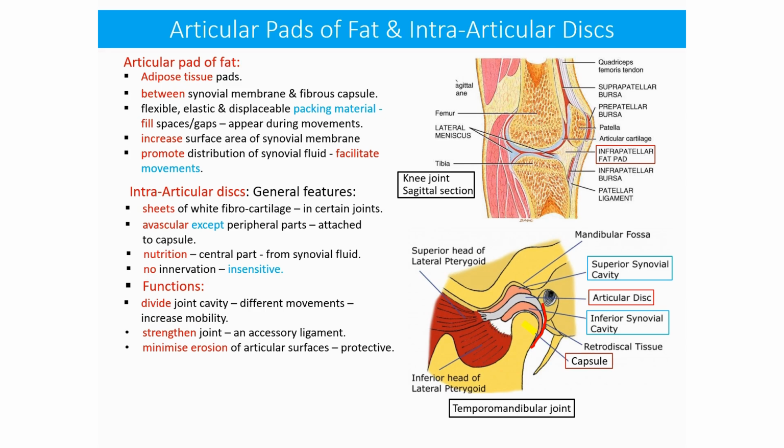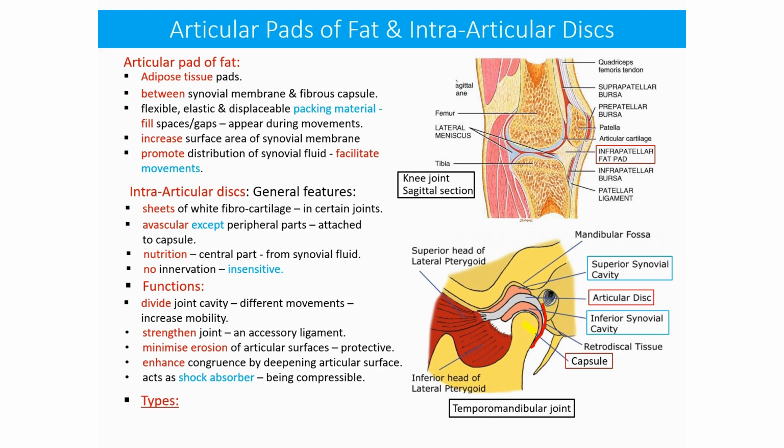They are protective in nature as they minimize erosion of the articular surfaces. They enhance the congruence of articular surfaces by deepening these surfaces. They act as shock absorbers as the fibrocartilage is compressible.